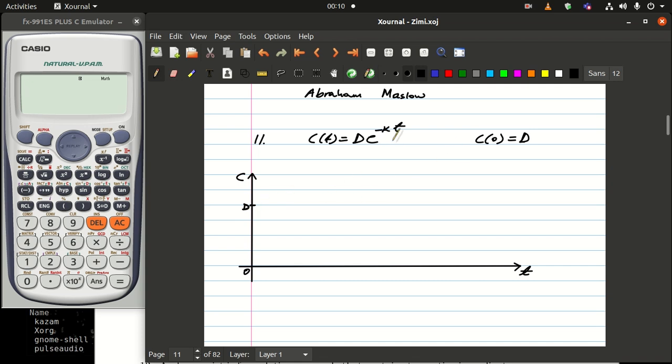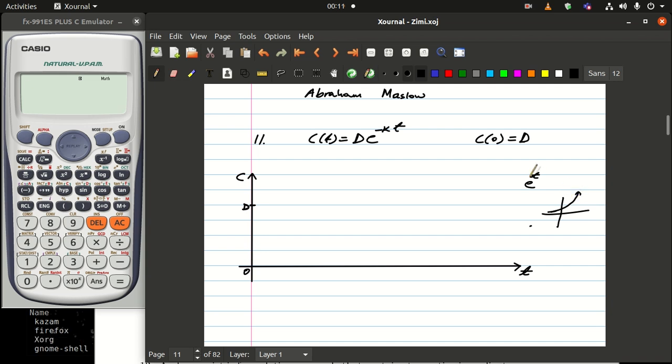And then because you know that whenever you are having this function here, you have e raised to some T, the graph is supposed to increase like this, right?